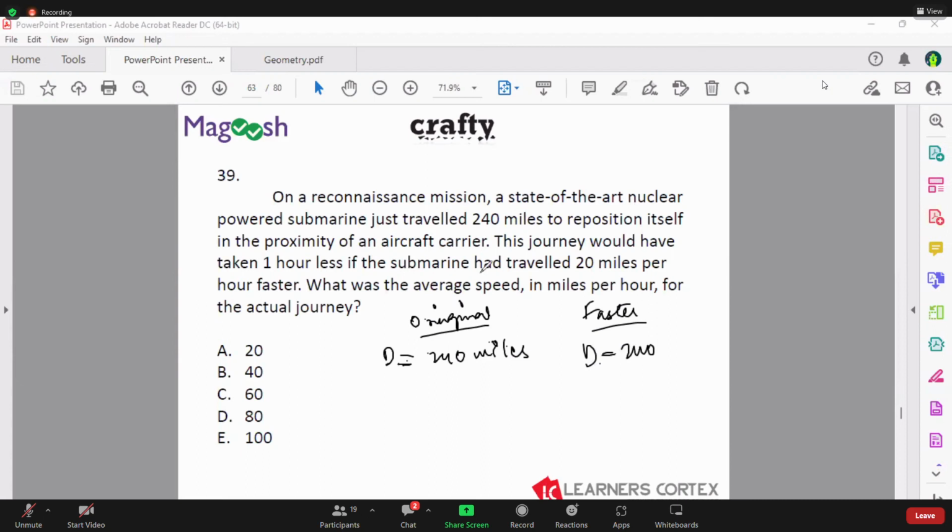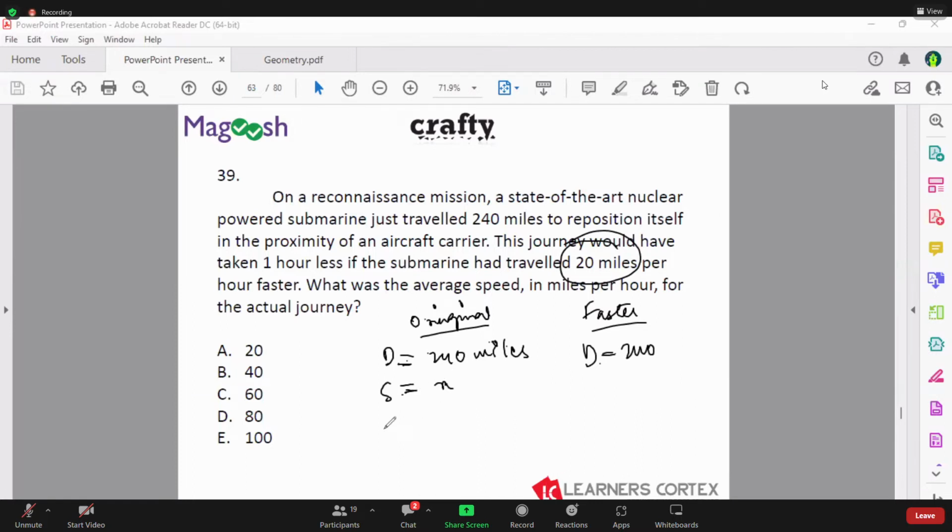Now here it says that it would have taken 1 hour less had the speed been 20 miles per hour faster. So if we consider speed here as x, time here becomes 240 over x. And if the speed would have been x plus 20, the time would have become 240 over x plus 20.